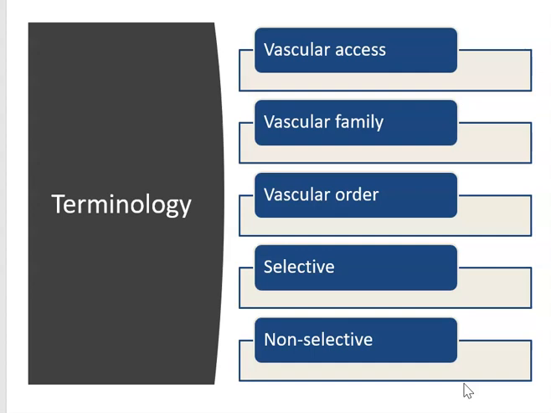And then each of these vessels, again, that arise from the aorta, get a picture of the aorta, or the vessel represents the family. So the physician is actually selectively placing that catheter. Whereas non-selective catheterization is basically where the catheter remains in the access vessel, or it has made it into the aorta and it stops there, which is still considered non-selective.